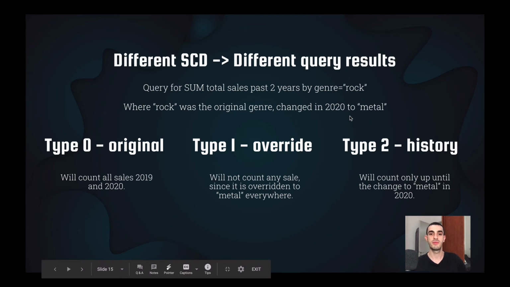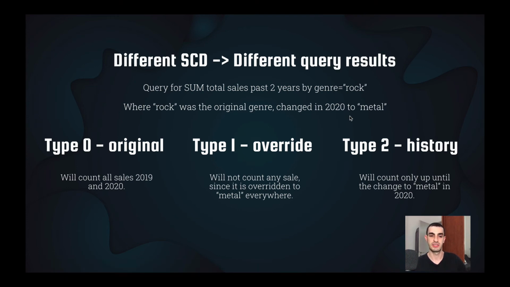So what will be the differences in what we already saw? In type 0, we just keep the original regardless. So what will happen is that we will count all the sales from 2019 and 2020 because we didn't change anything. In type 1, we override. So we remove the past. We remove the rock.